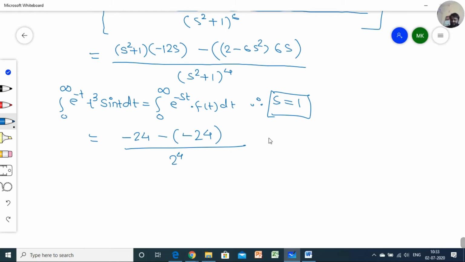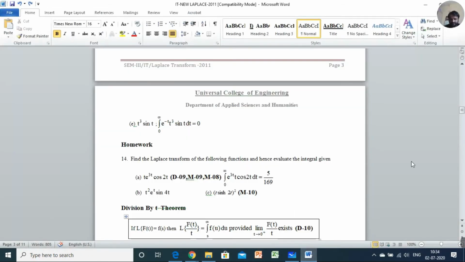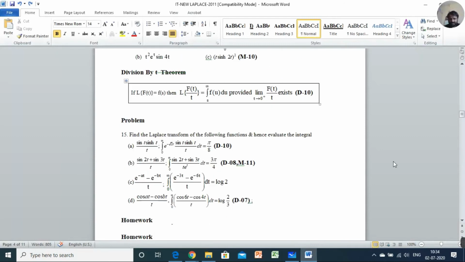After simplification you will get 0 by 2 raised to 4, which is equal to 0. So our answer is 0 by the calculation of the Laplace transform. So we just applied multiplication by t raised to n here. Now further we'll move to the division by t theorem.